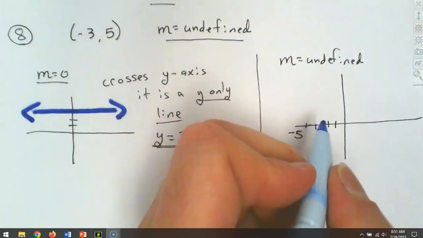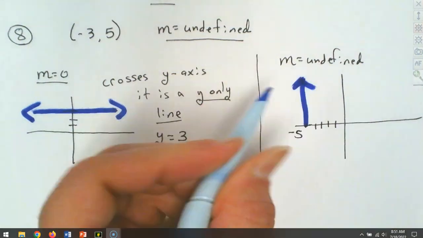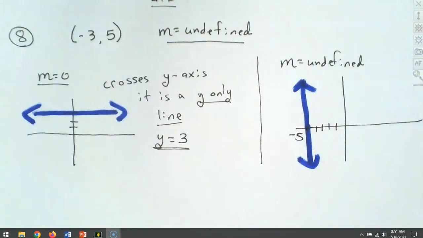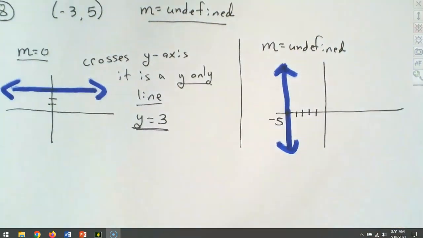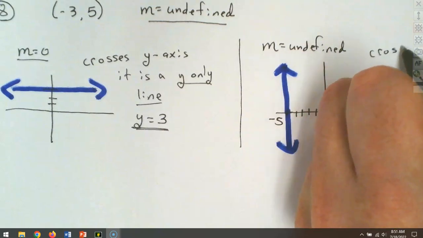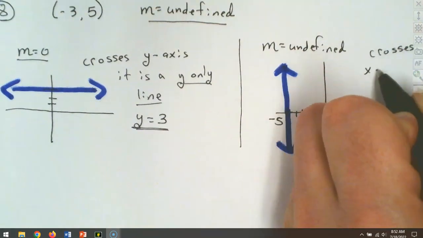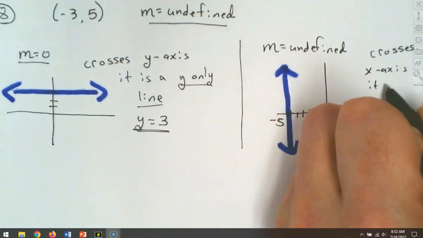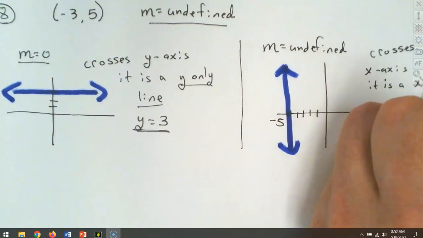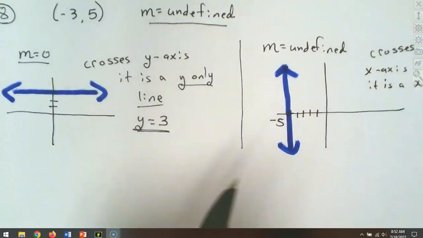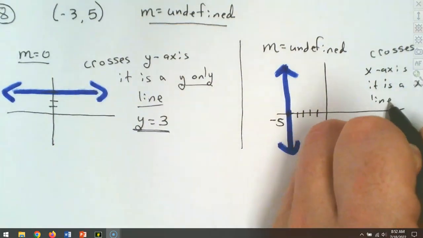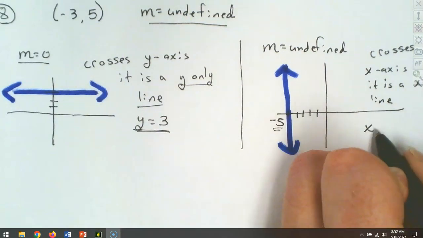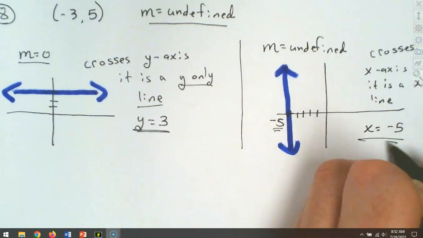If your slope is undefined, then that would be a vertical line, and that's going to be an x-only line. It crosses the x-axis. For example, in this case, this one crosses the x-axis at -5, so your answer for that would be -5.